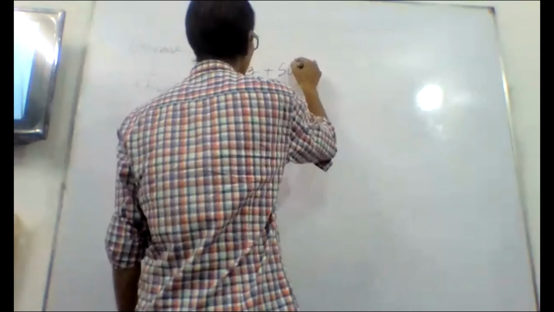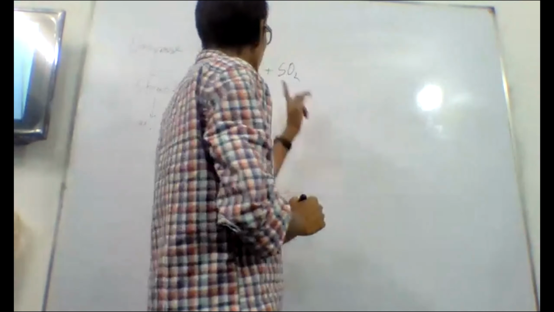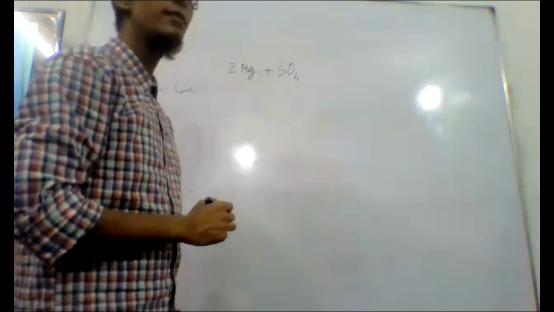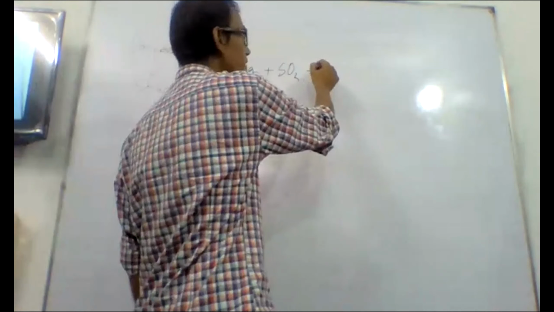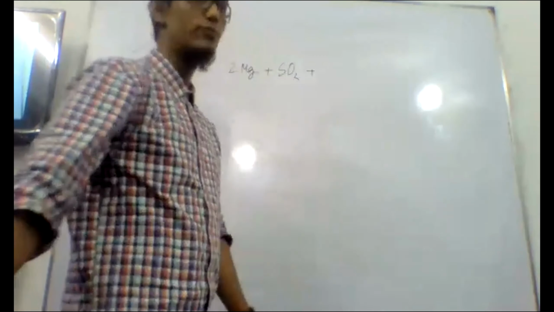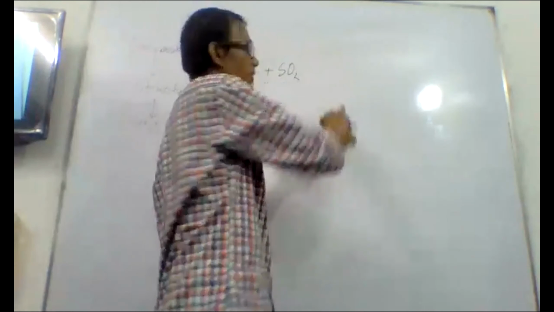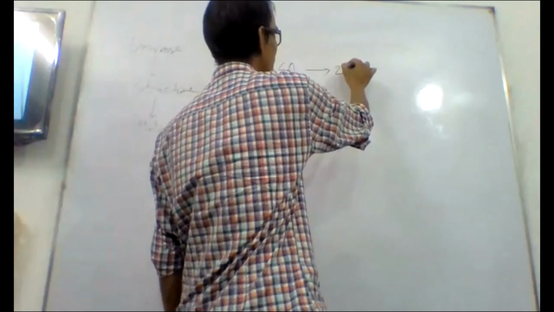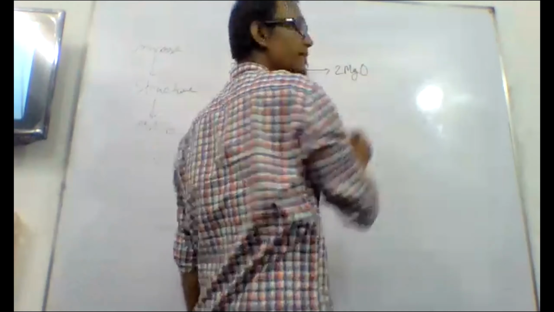Sulfur dioxide is SO2, just like carbon dioxide. Then the arrow sign. Then 2 magnesium oxide. Then sulfur.